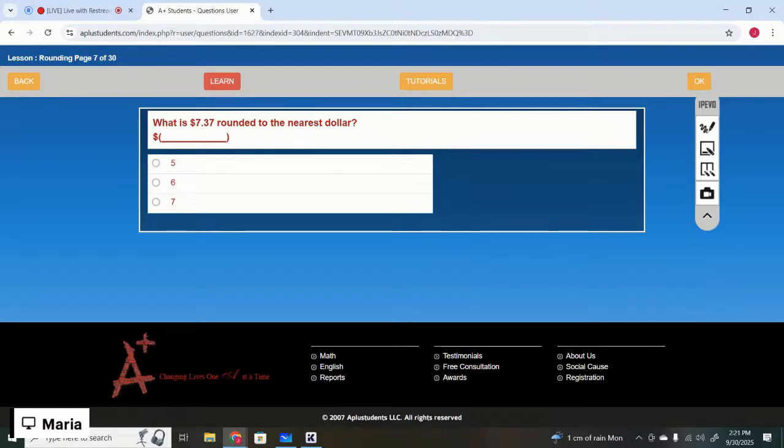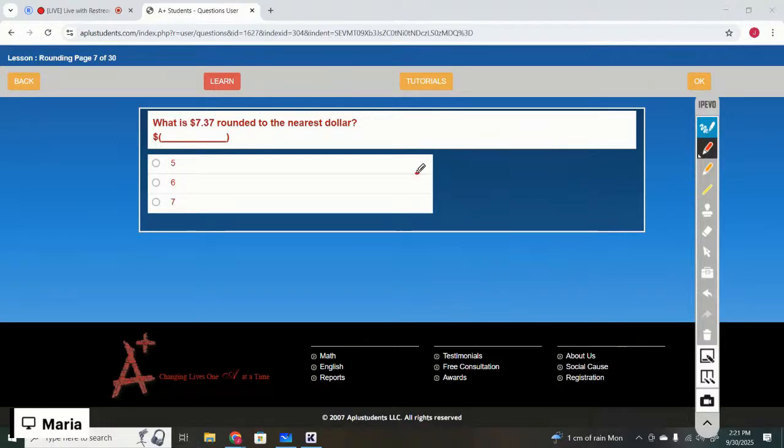What is 7.37 rounded to the nearest dollar? 7.37 to the nearest dollar.